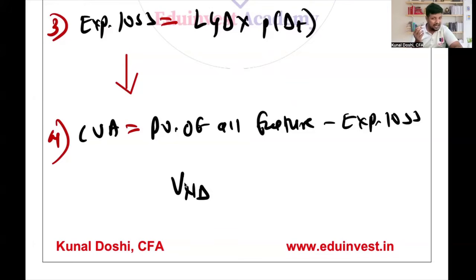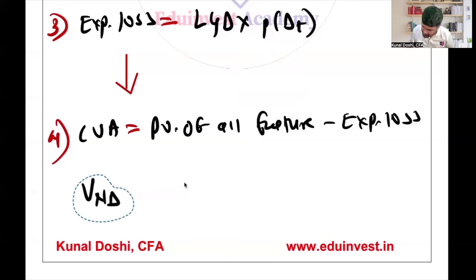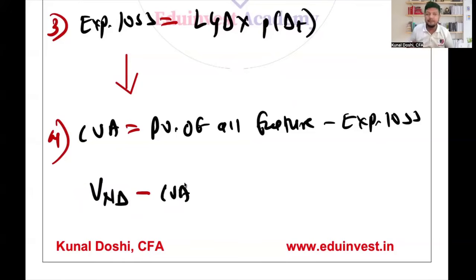And CVA is the value lost if the bond defaults. So from the risk-free bond, if I subtract the CVA, that's how I will get the price of the risky bond, isn't it, everyone? So that will give me the present value of a risky bond.